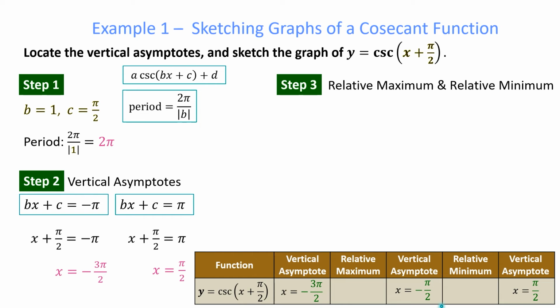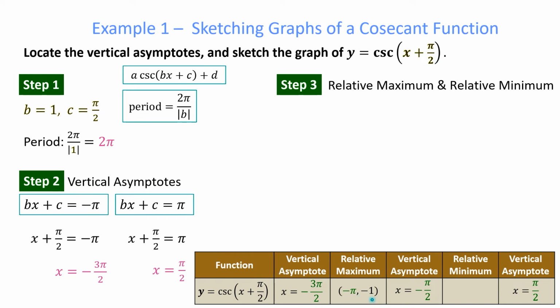So how do we find these two values? Well, again, just from previously looking at the parent function of the cosecant function, we know that the x values of the relative maximum lie exactly in the middle of these two vertical asymptotes. So we'll add these two values together and then divide them by 2 to give us minus pi.